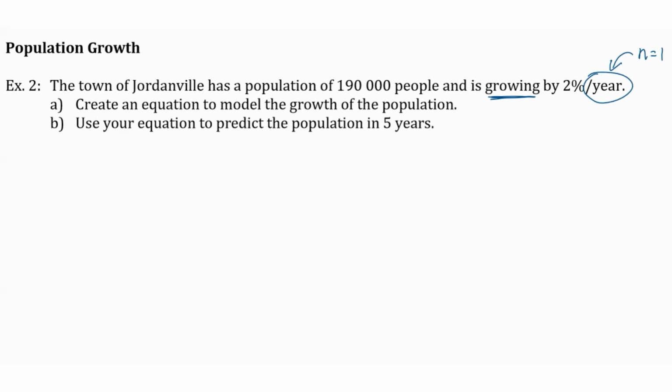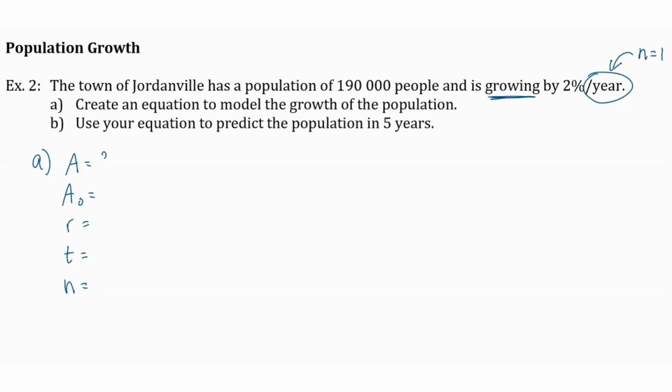Question A, create an equation to model the growth of the population, and then we're going to use our equation to predict the population in 5 years. So again, we're going to go A equals, A naught equals, R equals, T equals, and n equals. We're finding the population in 5 years.